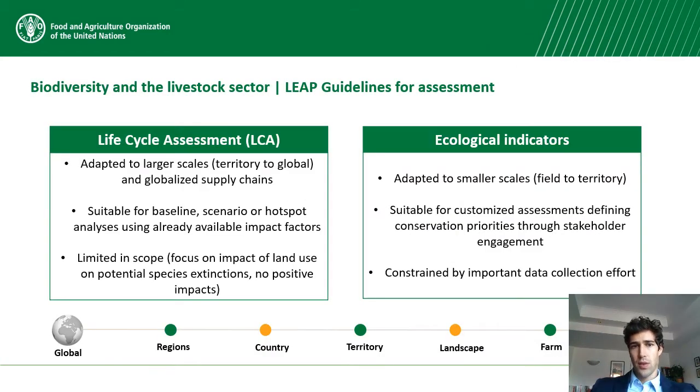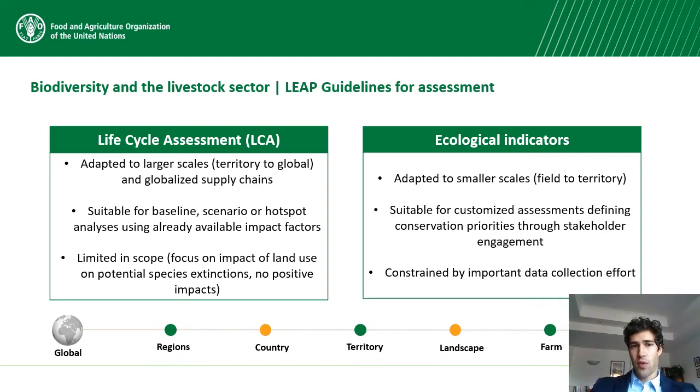One of the ways the LEAP guidelines respond to this ambitious scope is by proposing 2 methodological avenues for biodiversity assessment. The first one is life cycle assessment, LCA, which is adapted to assessments at larger scales and very much adapted to assessments of impacts across globalized supply chains.